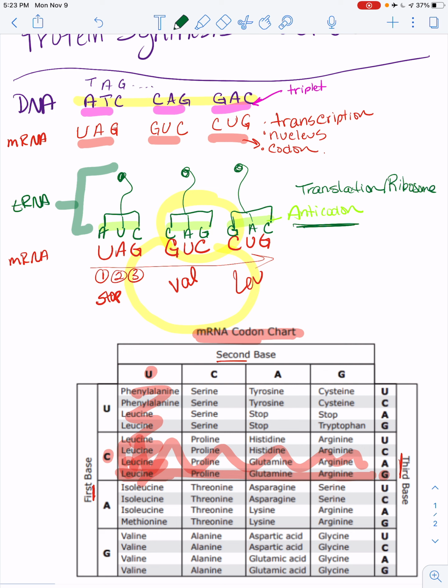Okay, and then the anticodons match up with the codons, bringing that amino acid down. And so we know specifically that there's a stop amino acid, a val amino acid, and an LEU, a leucine amino acid. And that's what's going to then connect together and eventually make a nice protein. So a whole bunch of amino acids make up a protein. The bond that holds them together is a polypeptide bond.